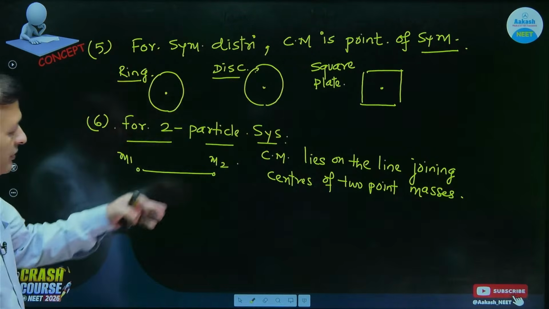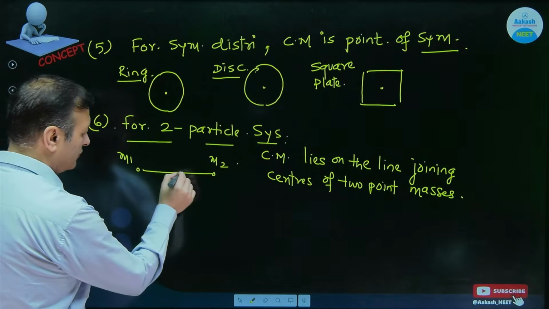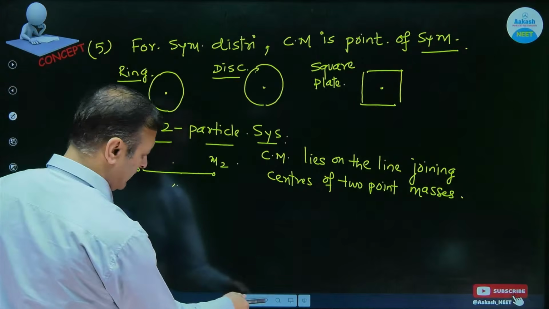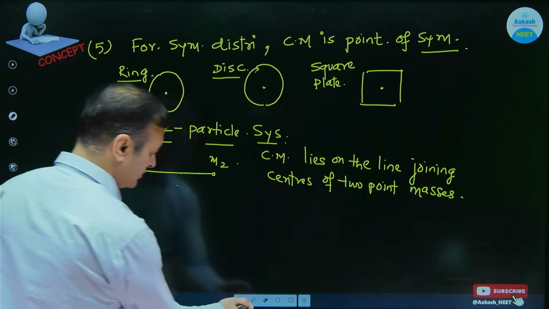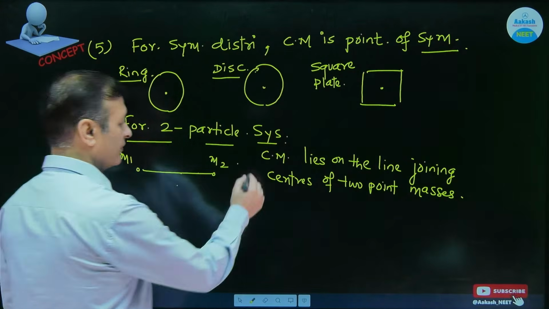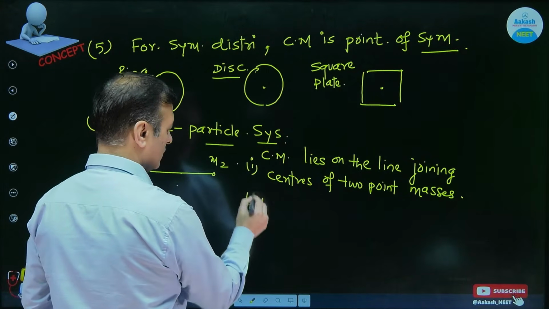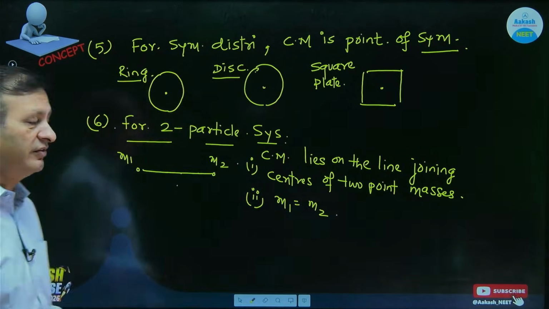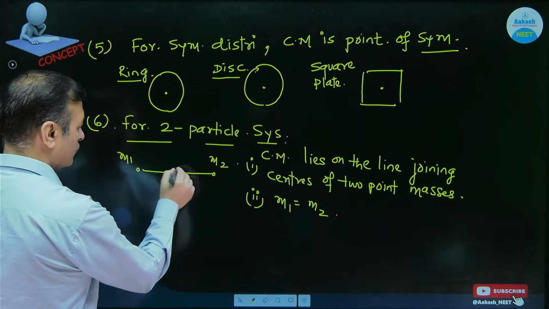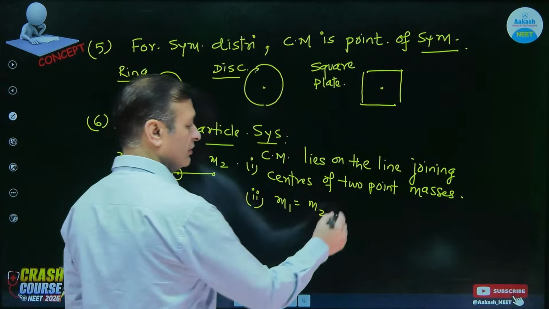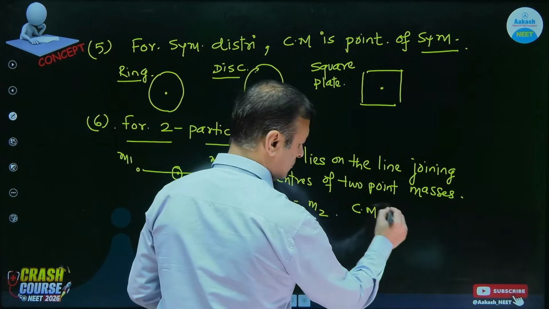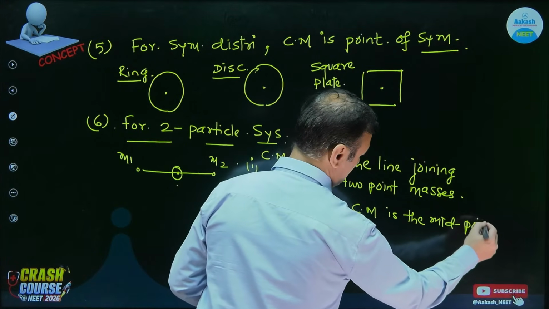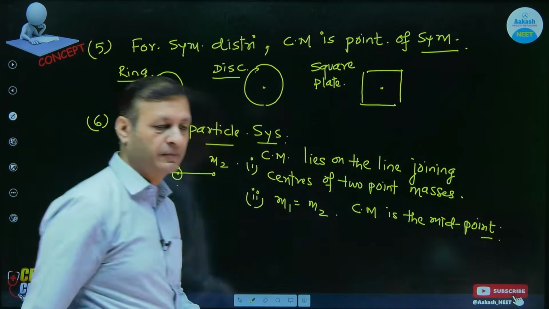It means for this distribution, center of mass will always be on this line. If these two masses are equal, if M1 is equal to M2, then center of mass would be the midpoint. Got it?